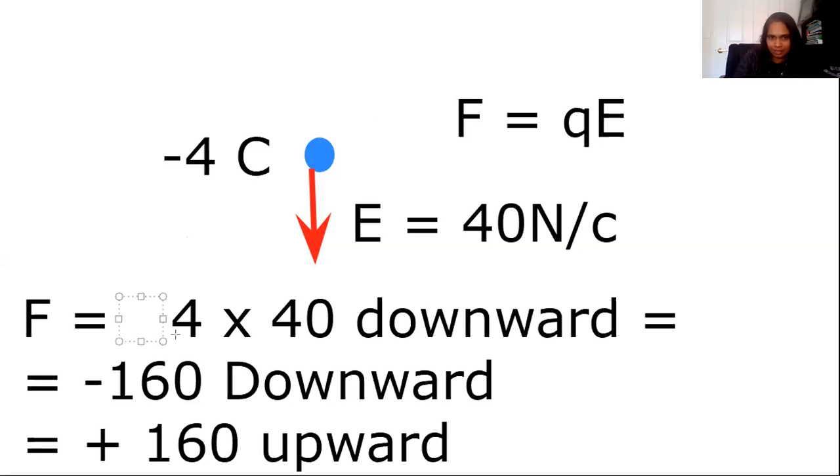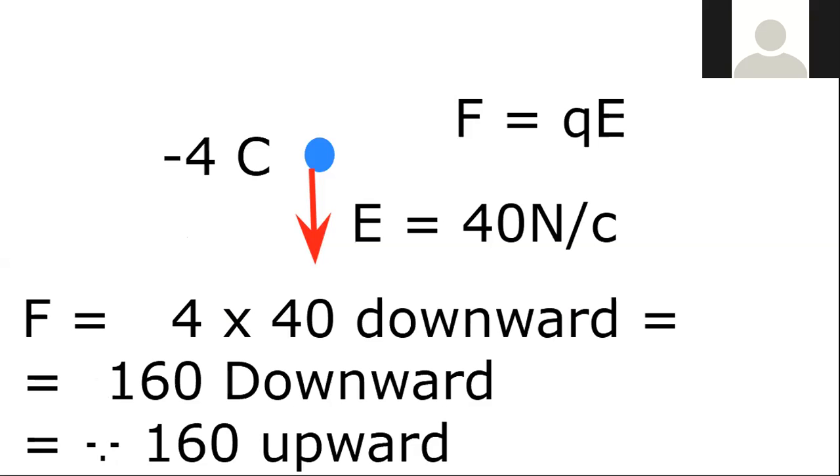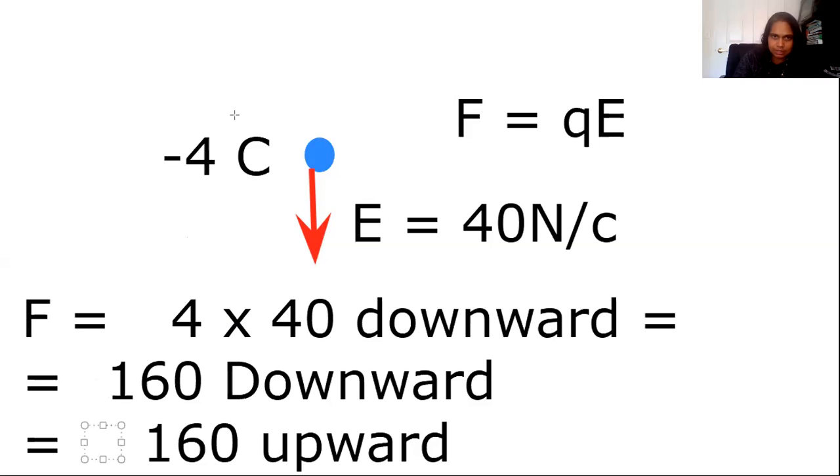So it's 4 times 40, so it's 160. It will be positive 160 downward because it's already downward, or it can be negative 160 upward.